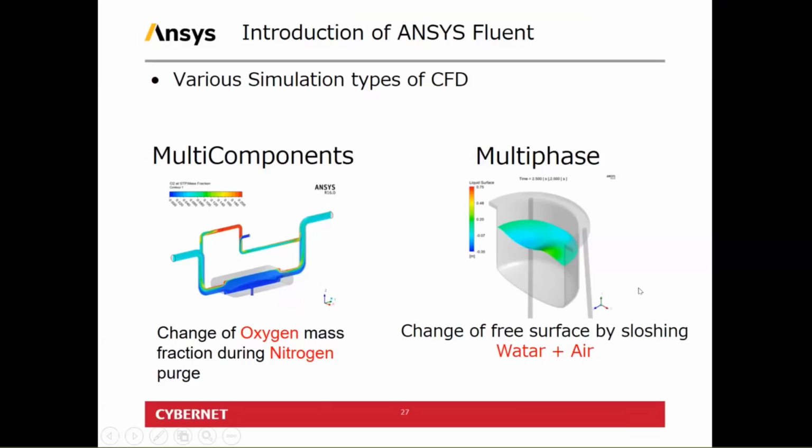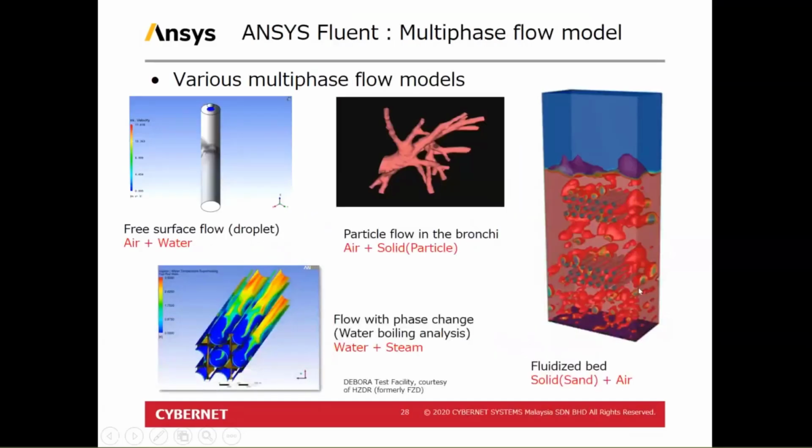Okay. And there are a lot of different types of multi-phase flow models. This is an example of the droplet. I set the air and the water, and we can get the shape of the droplet like this.